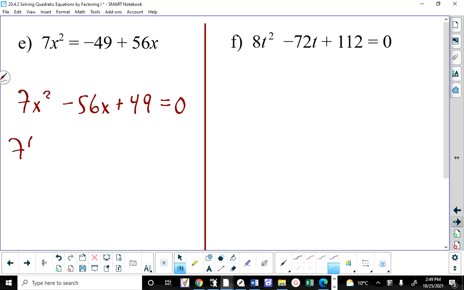We're going to factor the 7 out. So you will notice that 7 is a factor of 7, of negative 56, and of 49. It divides nicely. So we get x squared minus, well, what number times 7 gives you 56? That would be 8. And then plus 7, because 7 times 7 is 49.